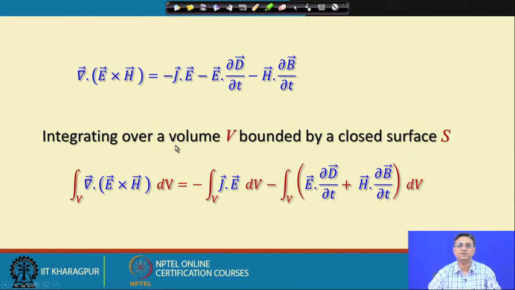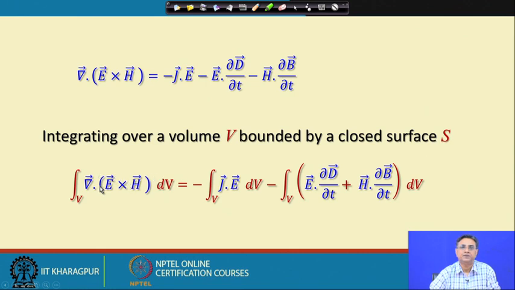The reason is very clear, that we want to look at these two terms put together, and also this term J dot E dV. Now, let us consider a certain volume of space through which this electromagnetic wave is travelling, and let us consider that the surface area bound by this volume is S. This is a closed surface.